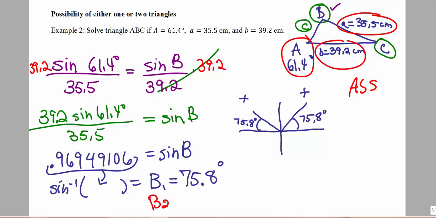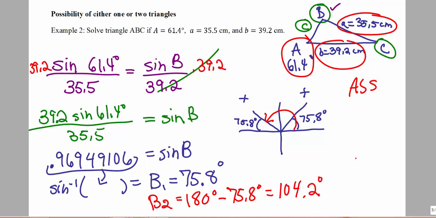So the quadrant 2 angle that we want to describe would be equal to 180 degrees minus the reference angle. And we get that we have a possible quadrant 2 angle of about 104.2 degrees. Now both of these are possible angles for angle B. We want to consider both possibilities here.